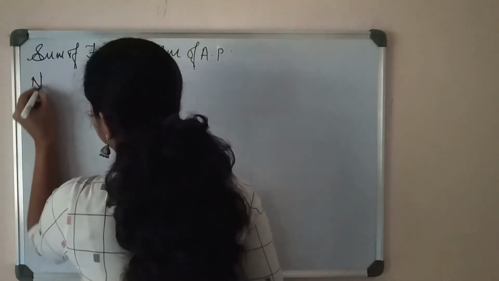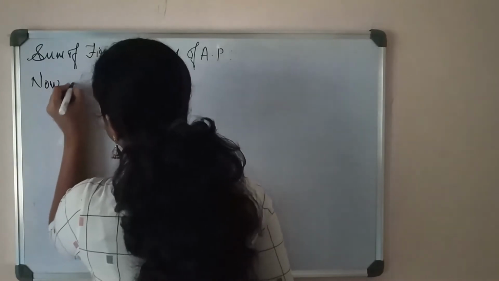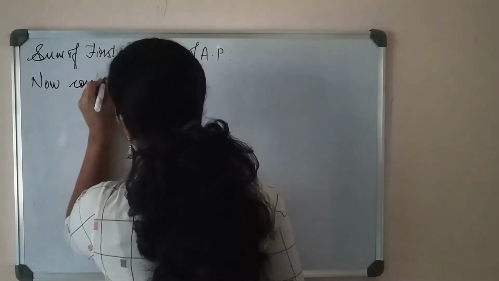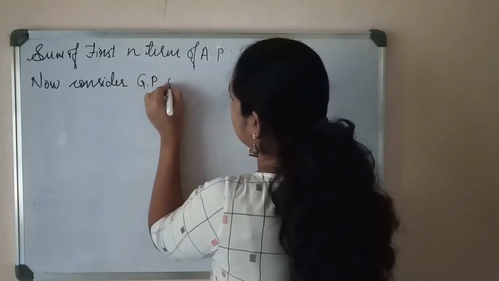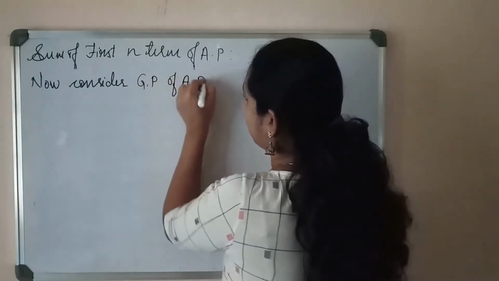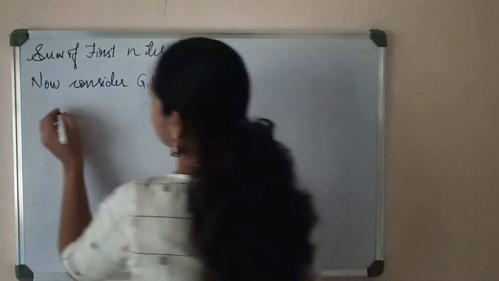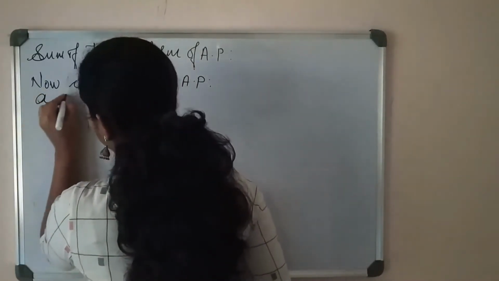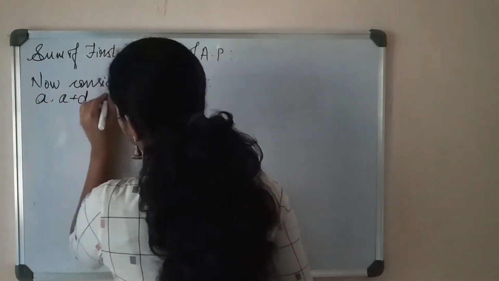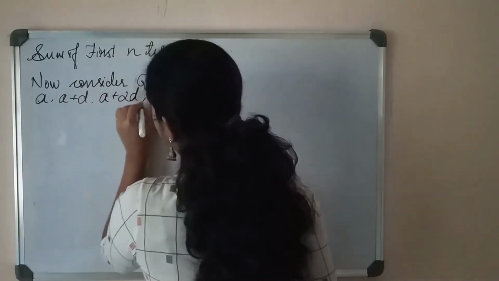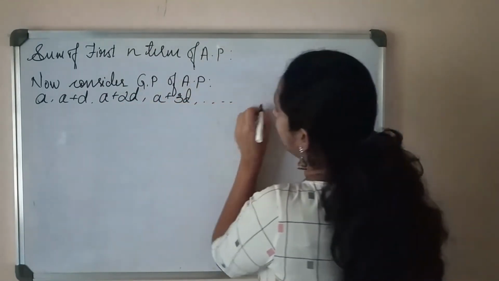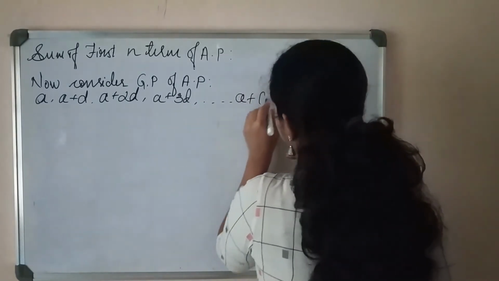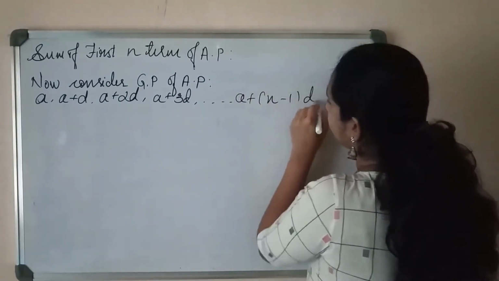Now let's consider the general form of arithmetic progression, which is nothing but a, a plus d, a plus 2d, a plus 3d, and so on till a plus n minus 1 into d.